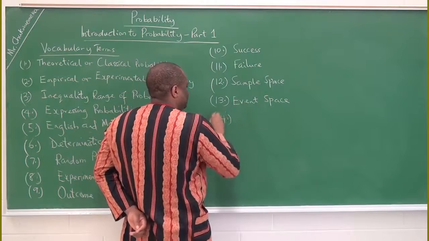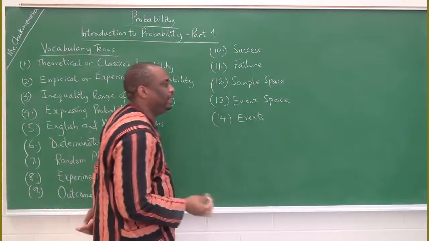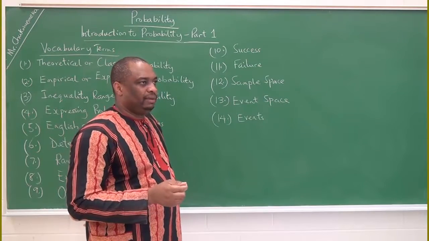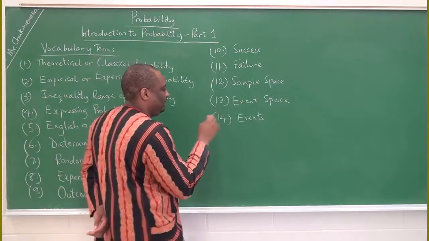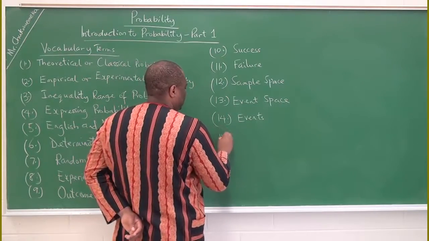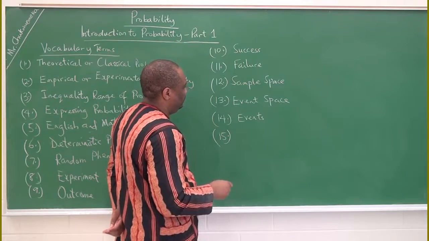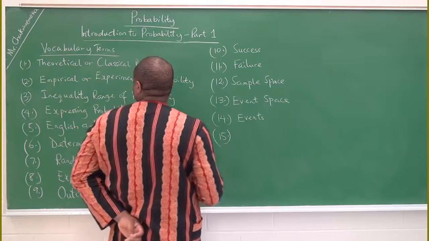We have events. In events, we have dependent events, independent events, mutually exclusive events, complementary events. So we shall talk about it later on in events. We didn't even mention history.